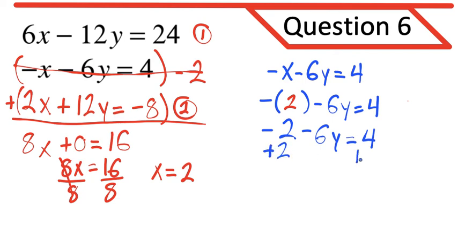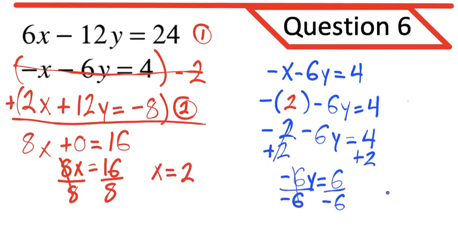We're going to add 2 on each side, and we're going to get negative 6y equals 4 plus 2, which is 6. And the last step to get y by itself is going to be to divide by negative 6 on each side. And we're going to get that y equals negative 1. So the solution to this system of equations is going to be 2 comma negative 1.